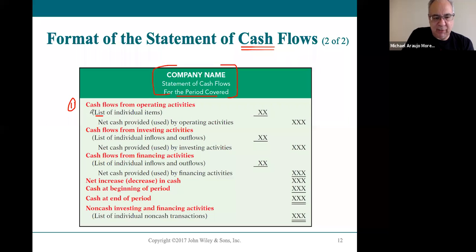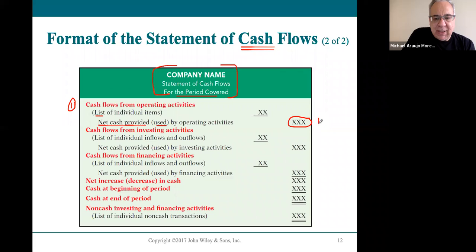There'll be a list of all the items showing cash being used or cash being provided. If it's provided, that's coming in. If it's used, it's going out. The total for operating activities will be the first number listed in the far right column.